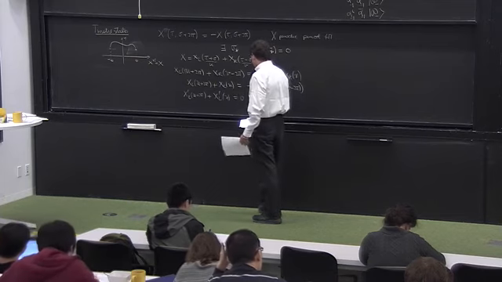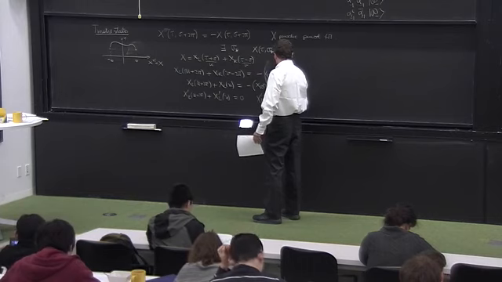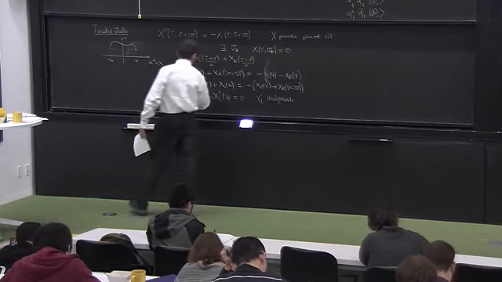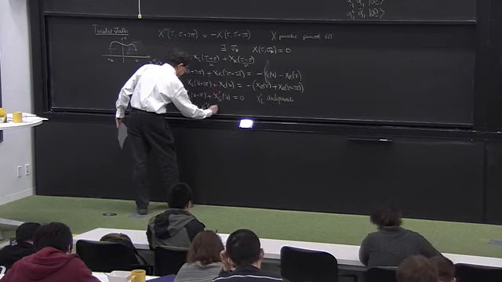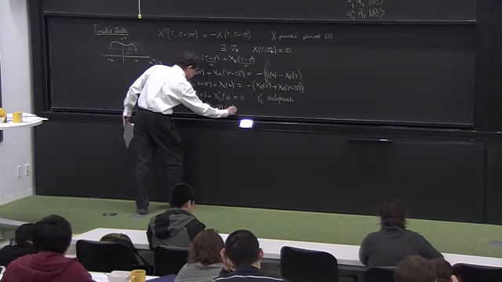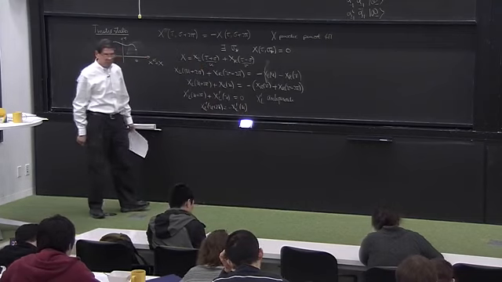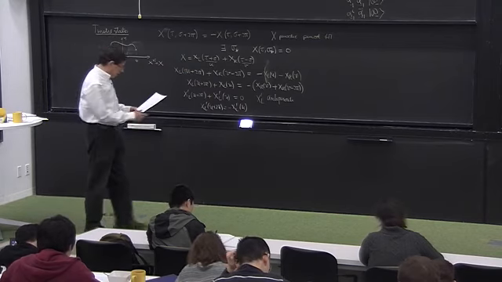So x left is anti-periodic. So x left prime of u plus 2 pi is minus x left prime of u. And the same for v. Okay, so anti-periodic. So what can we do?